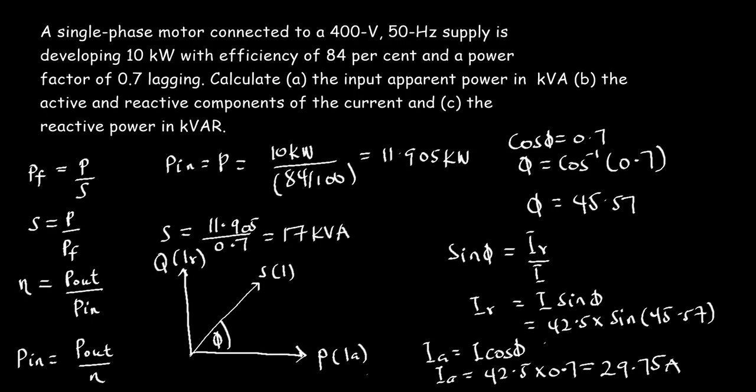Let's simplify this and see what we get. 42.5 times sine of 45.57 gave me a value of IR equal to 30.35, so you have 30.35 amperes. That's the value of the reactive component of current.